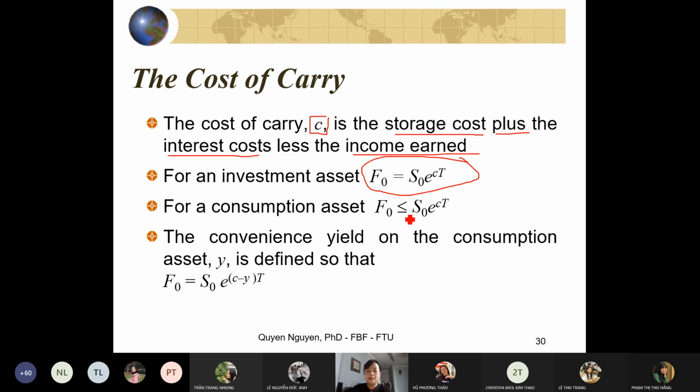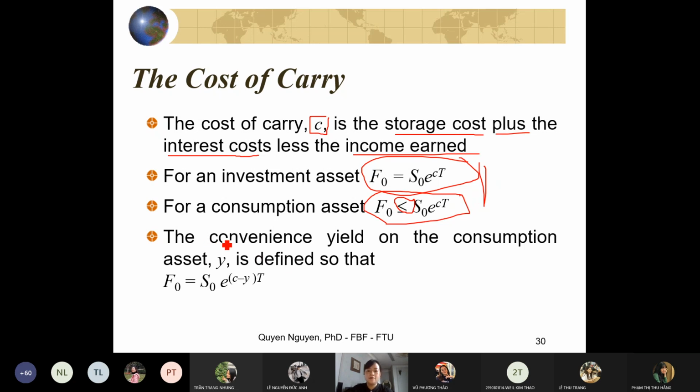And for consumption asset, we would have a similar formula, but remember, due to the feature of the consumption asset, we would have the smaller sign hold. And when we have these formulas hold, then we understand that there is no arbitrage opportunity.